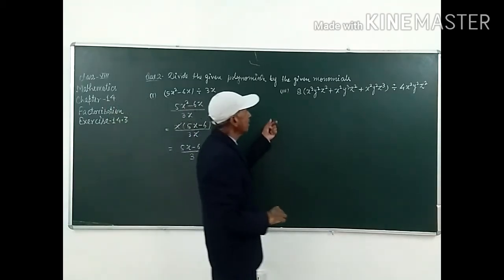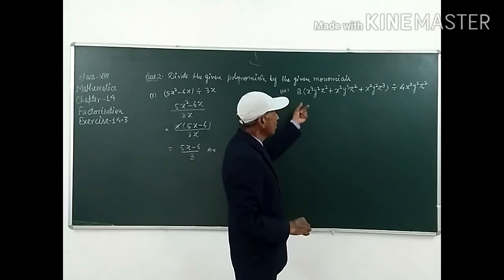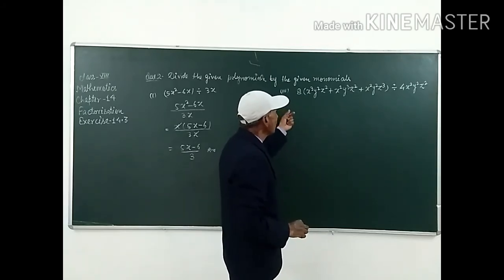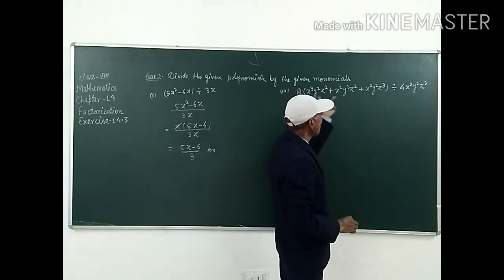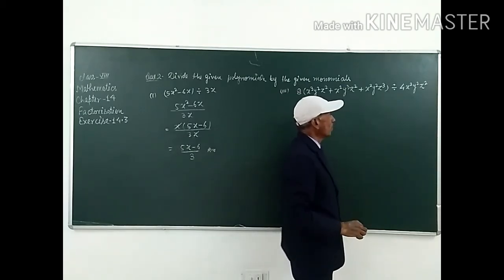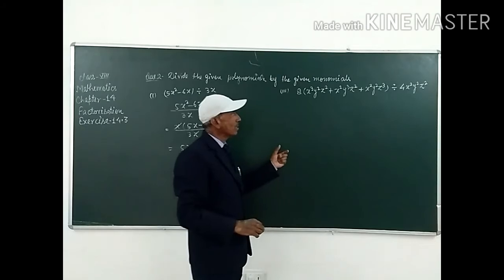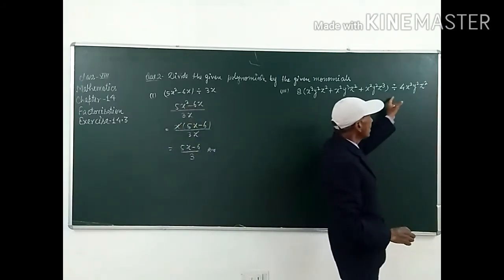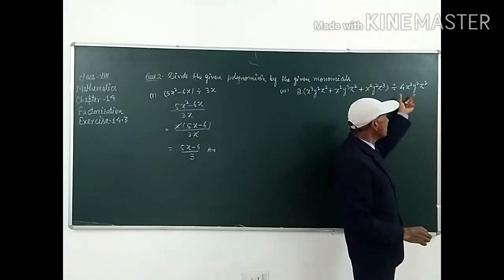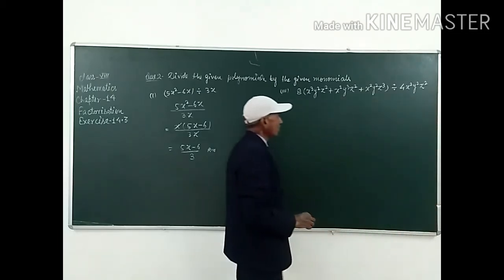And this one is the third part of the question. In this part, we have to divide this polynomial by this monomial. Students, monomial means one term. There is a single term, so it is monomial.